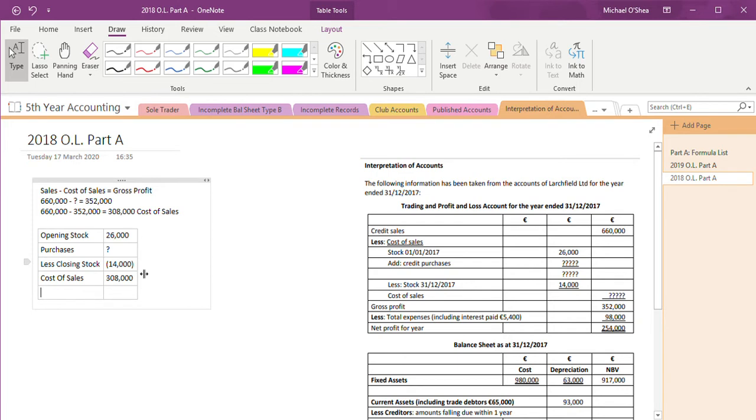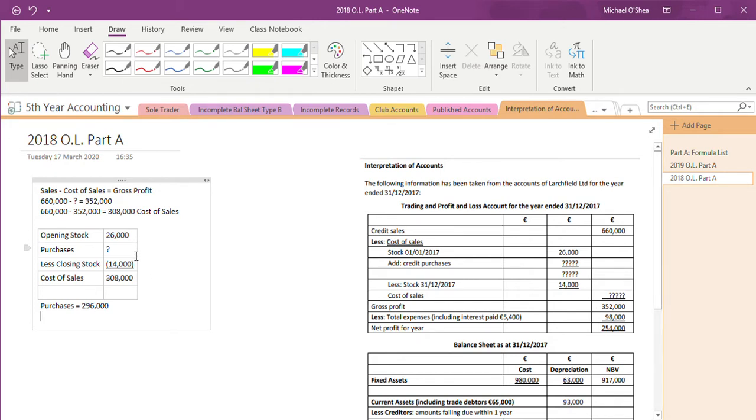So to get from our opening stock, we have to add our purchases, take away our closing stock. So this missing figure here is 26,000 plus X minus 14,000 is equal to 308,000, and that works out at purchases is equal to 296,000.